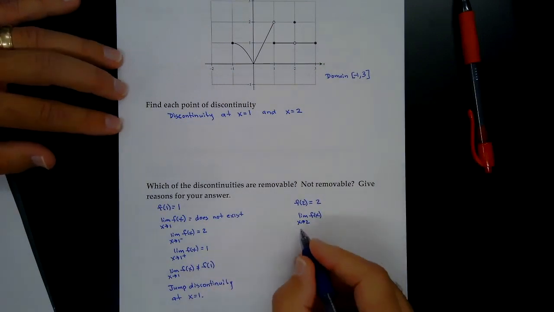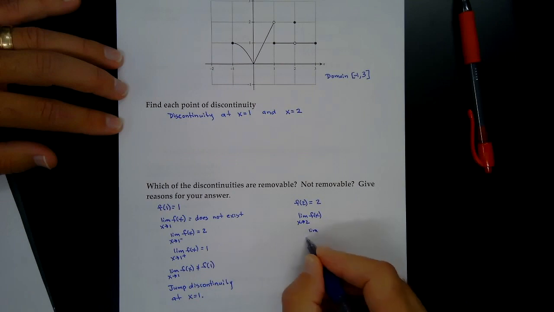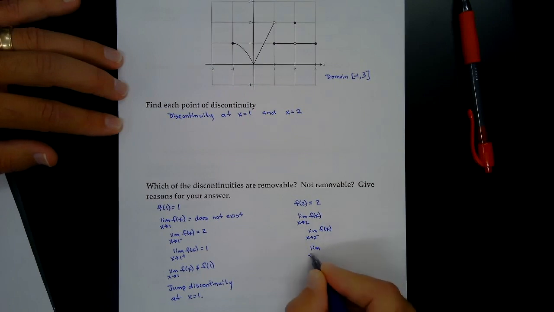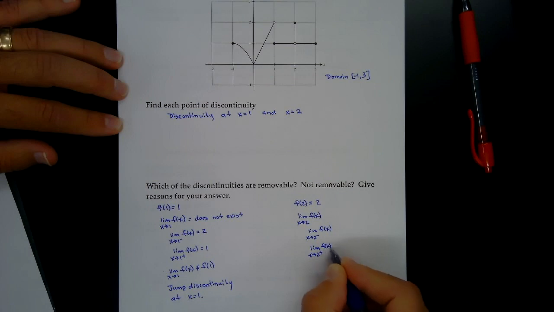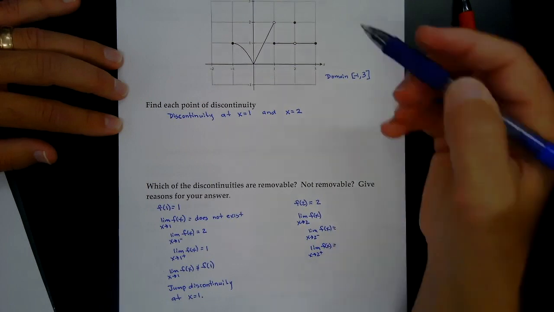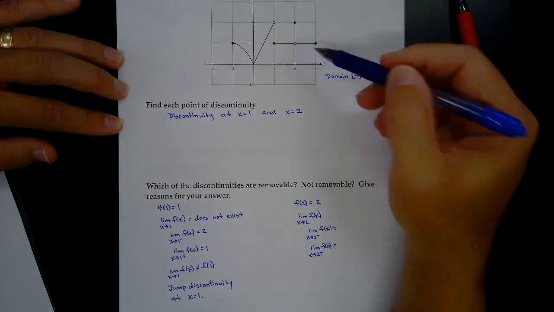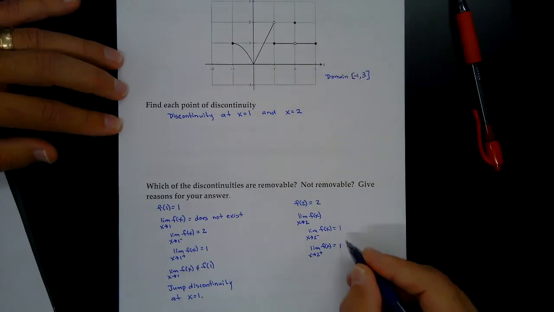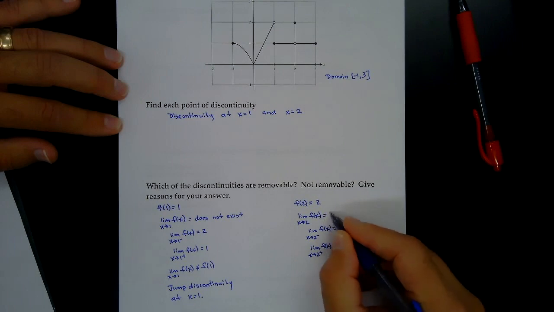So then the limit as x approaches 2 from the left of f of x, and the limit as x approaches 2 from the right of f of x. As we approach 2 from the left, the value is 1. As you approach 2 from the right, the value is 1. Those are in agreement, so that means this limit is equal to 1.